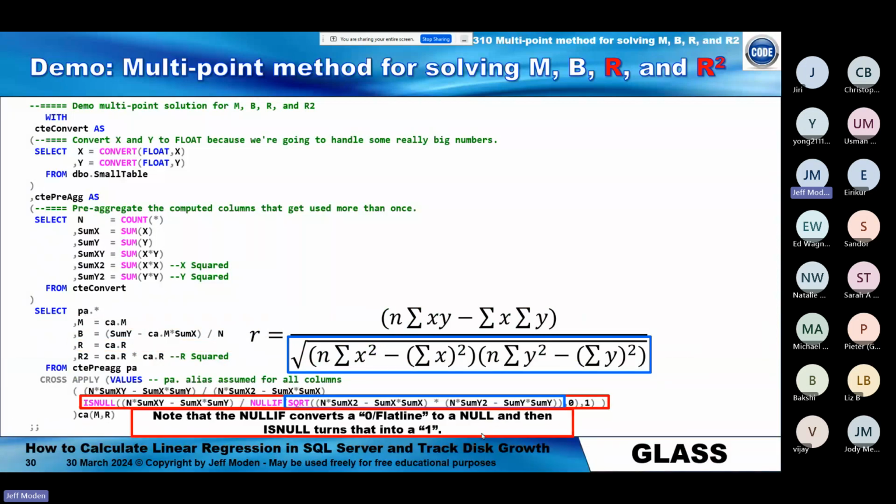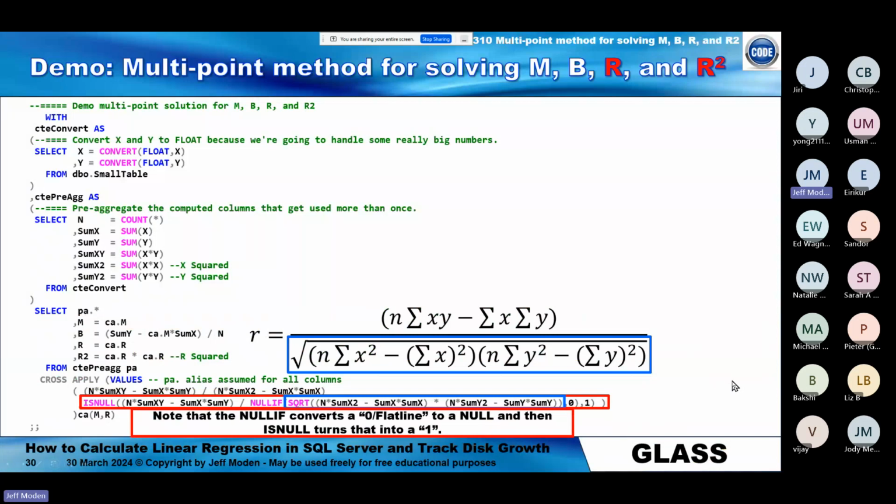We also did a null if around that square root to say if it has a value of 0, then it's a flat line. And so we convert that to a null, and then in the outside formula of that, we turn that null into a 1 because everything has to be on that same line if it's a perfectly horizontal line.